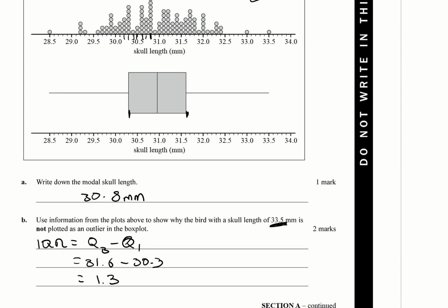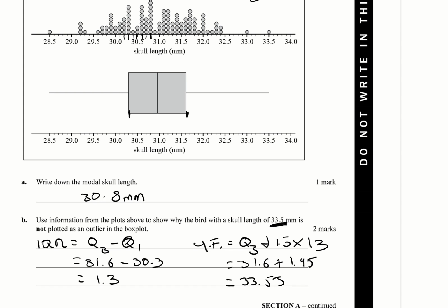So let's calculate the upper fence. How do you do that? The upper fence is going to be Q3 plus 1.5 times the IQR, and the IQR is 1.3, so that becomes 31.6 plus 1.95, and when I add those together I get 33.55.